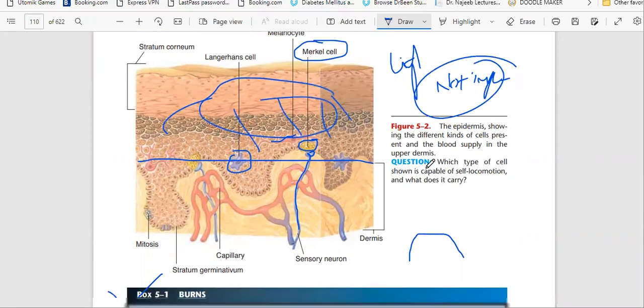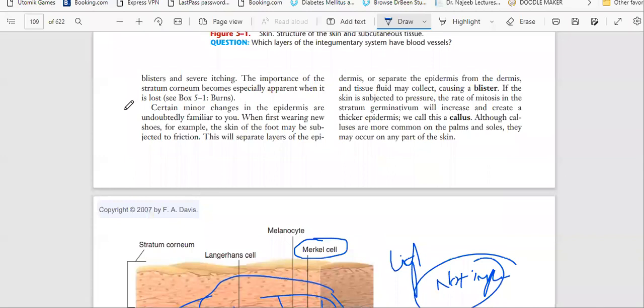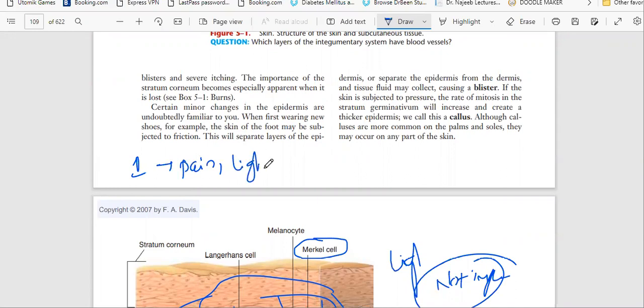Only pain will be seen in first degree. We have pain and light redness. This is happening in first degree. We will write the first degree like this.